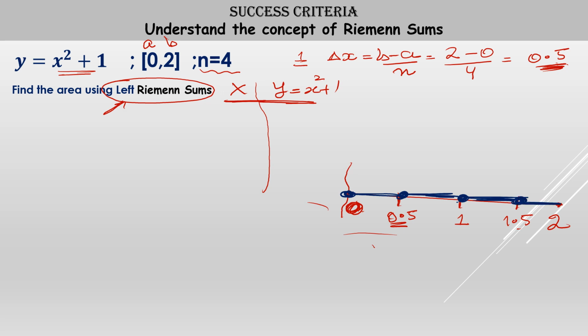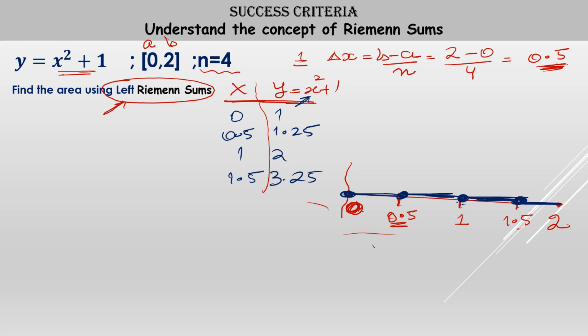So I will calculate my length on 0, 0.5, 1 and 1.5. So I will write here 0, 0.5, 1, 1.5. Put these values in instead of x, one by one, and you will get these answers. 1 squared plus 1, and then 3.25.